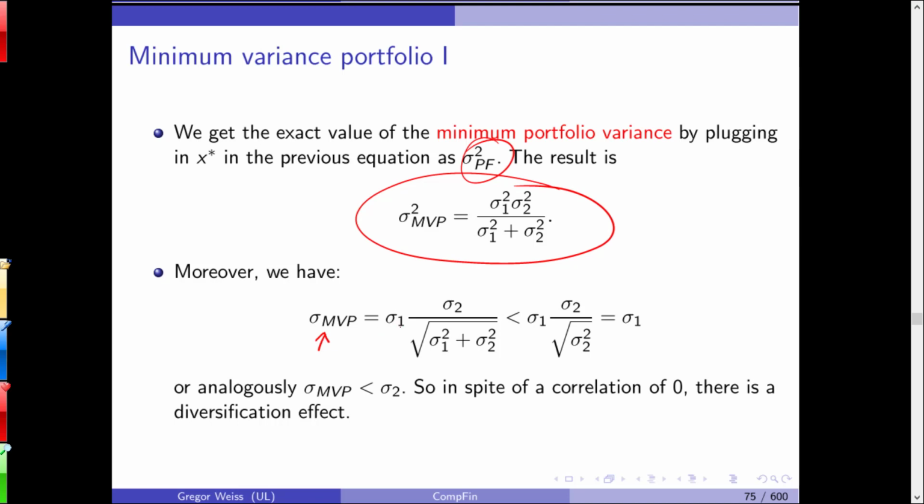It's equal to sigma 1 times sigma 2 divided by the square root of sigma 1 squared plus sigma 2 squared. And this is smaller than sigma 1 times sigma 2 divided by the square root of sigma 2 squared. Why?